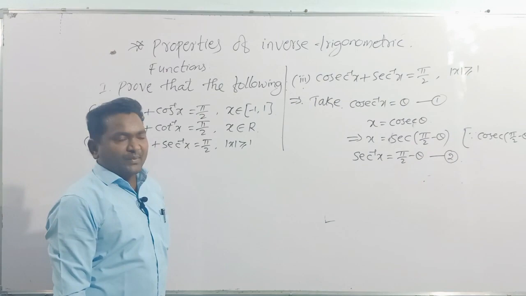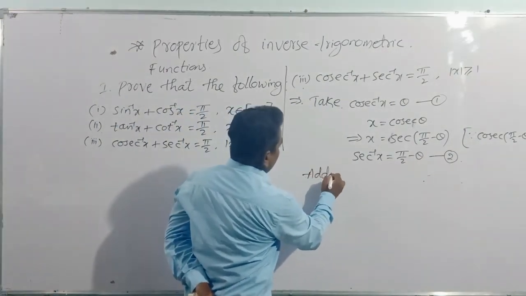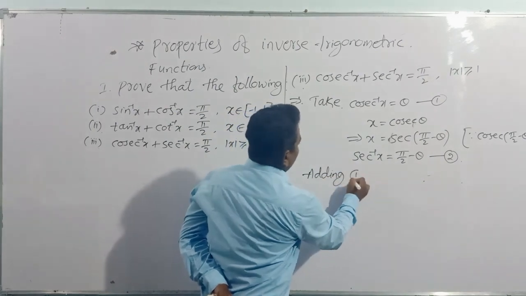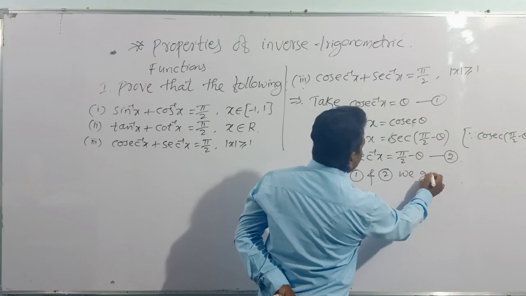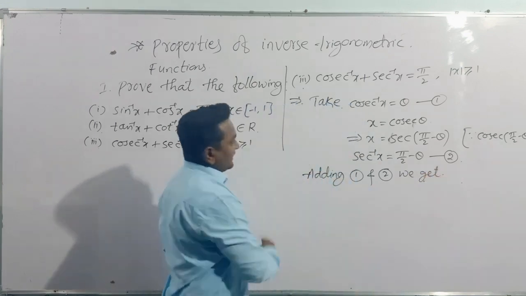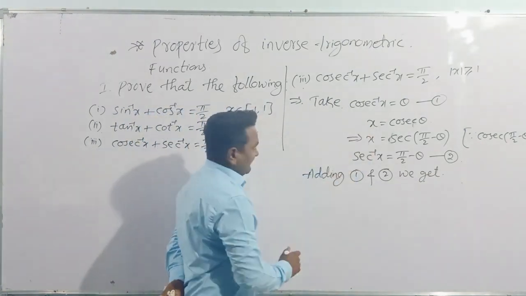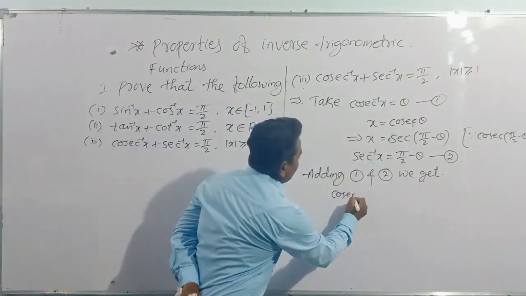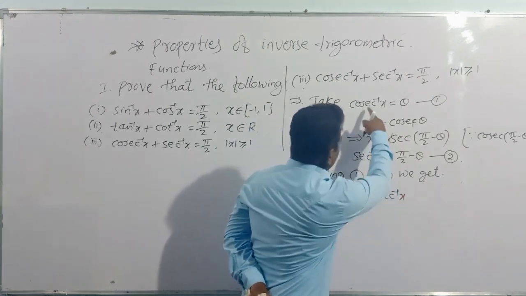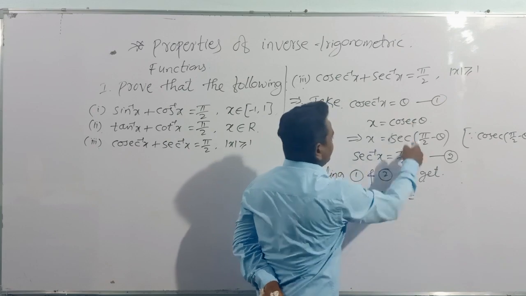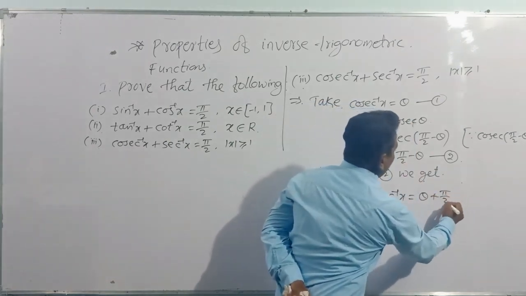Now adding equations 1 and 2. Repeat the same procedure, adding LHS and RHS separately, that is cosec inverse x plus sec inverse x is equal to theta plus pi by 2 minus theta.